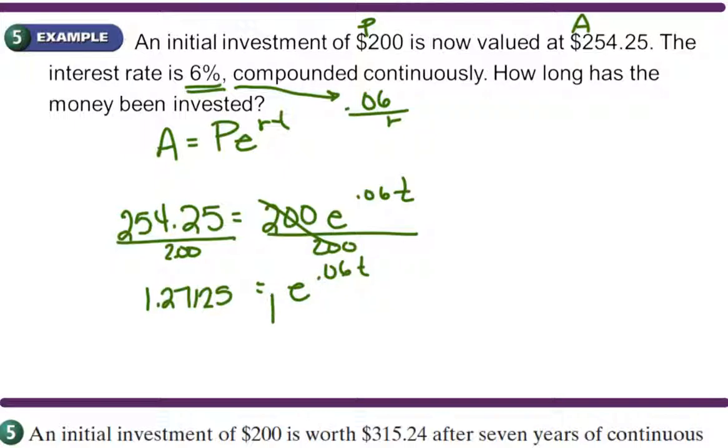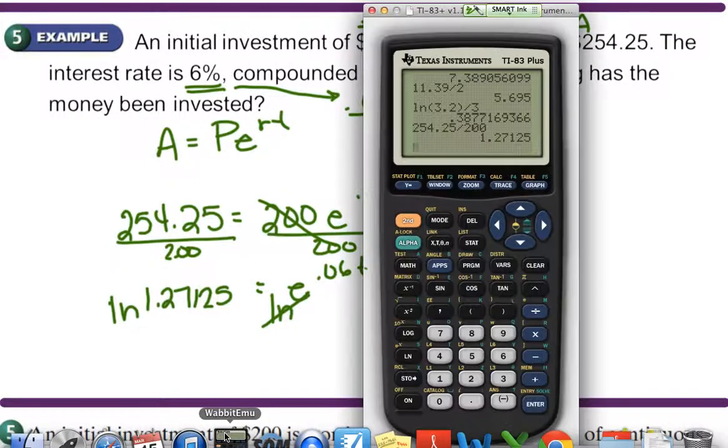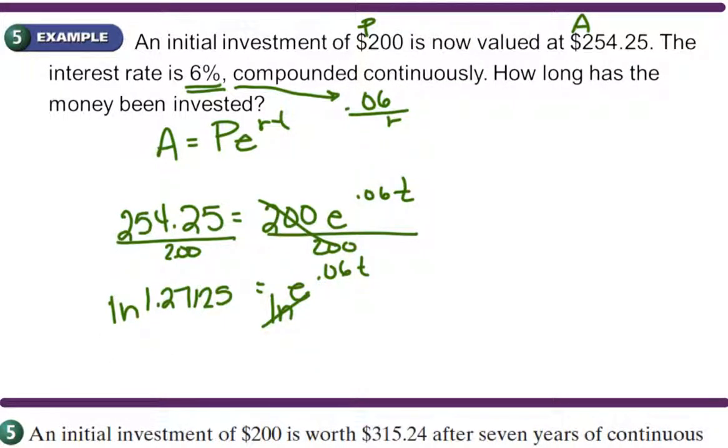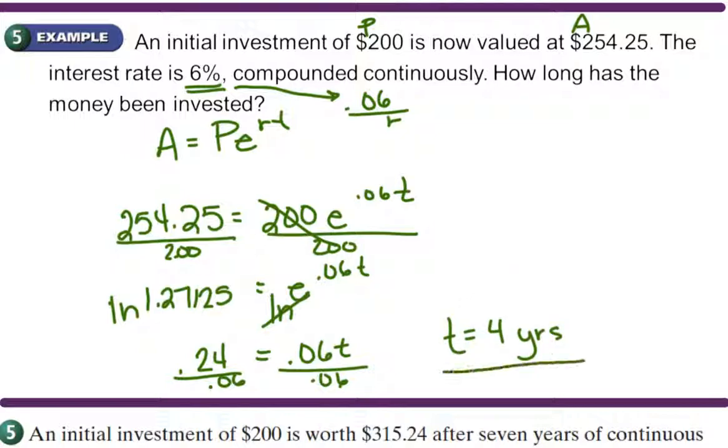So the inverse operation is the ln, natural log. Going down here, the natural log of answer, just like we did before. That's going to give us 0.24. So we got 0.24 equals 0.06t. Divide both sides by 0.06, and obviously you move those over 2 places, so t is 4. So it has been invested for 4 years.